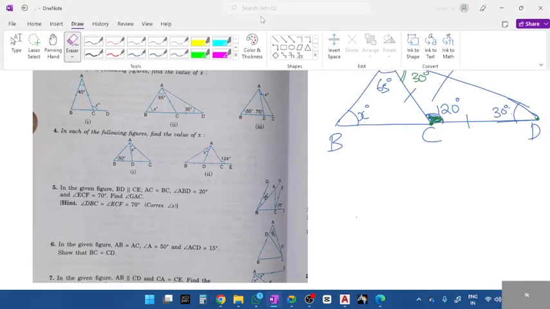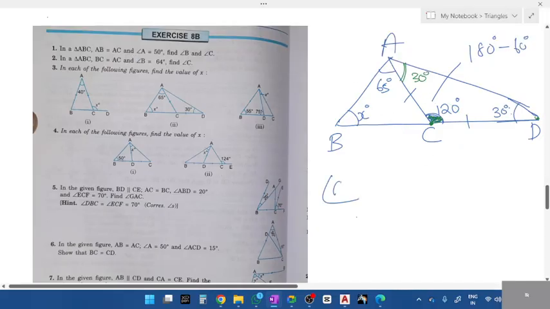Okay. Now what is the exterior angle formula, students? ACD is equal to the sum of, so which two do you have to add? Angle B plus angle A. How will you write angle A? BAC or CAB.